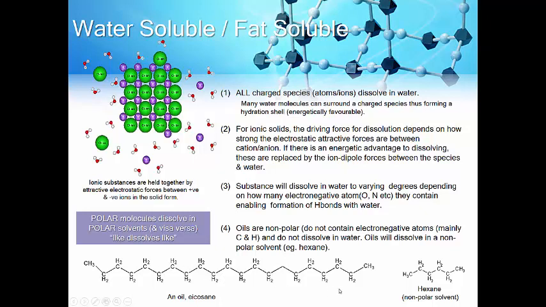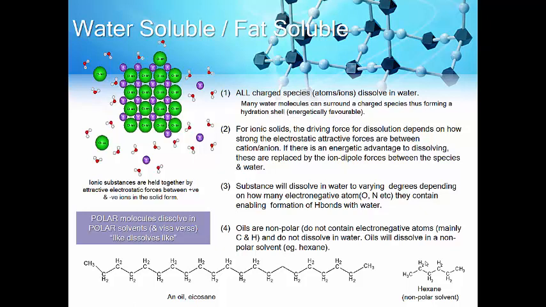These two would dissolve together, but neither one of them would dissolve in water, because there are no hydrogen bond interactions that can occur, since there are no electronegative atoms. The longer the chain, the more non-polar it is, and the shorter the chain, the less non-polar it is.